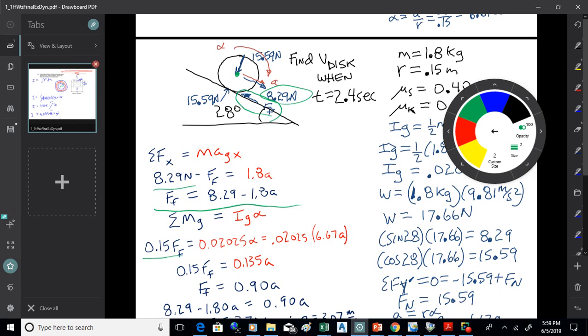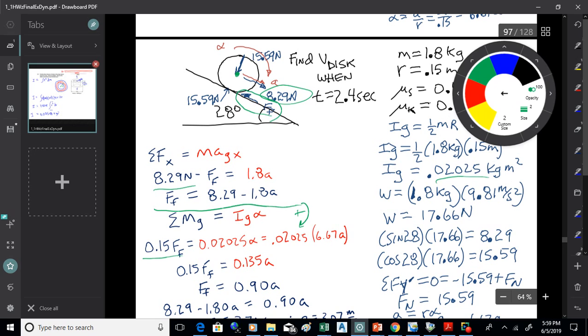I'm calling clockwise positive on this one because the thing's rolling clockwise, so I have all positives here. And I will set that equal to the I sub G that I calculated, which is 0.02025, times the unknown alpha. Then I can plug in 6.67a for alpha.